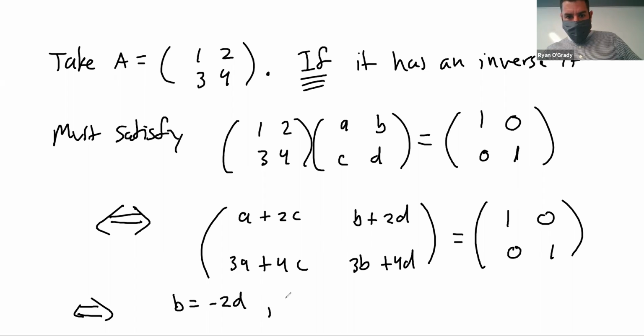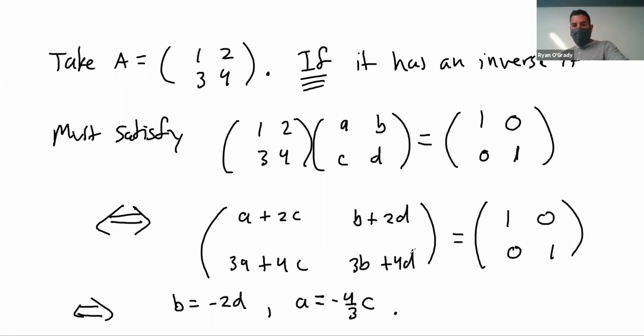And how about A? I'll solve it completely. I get A is negative 4/3 C. So those are 2 conclusions I can make right away.